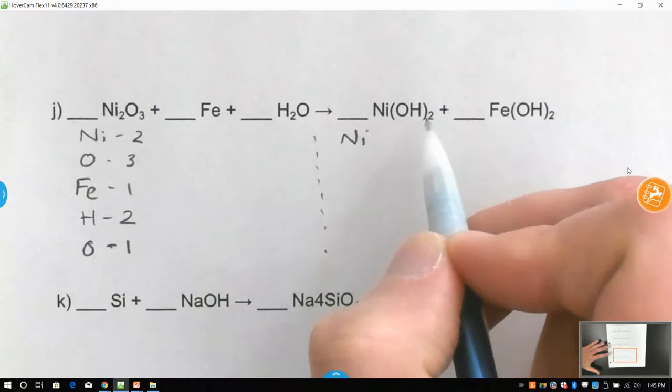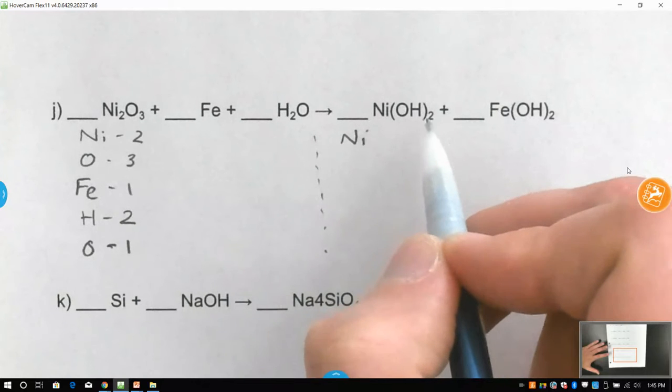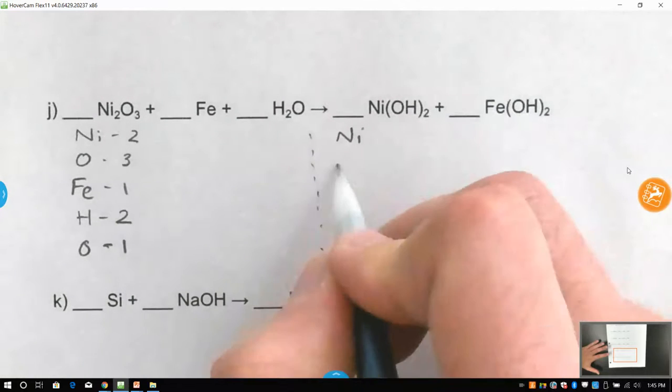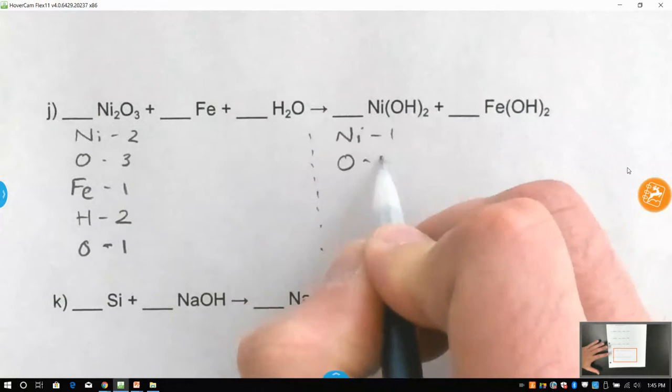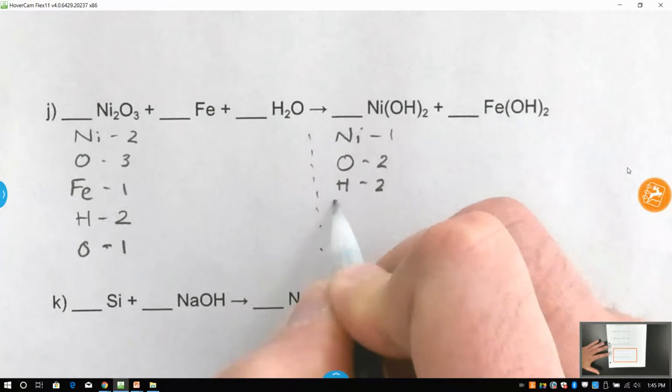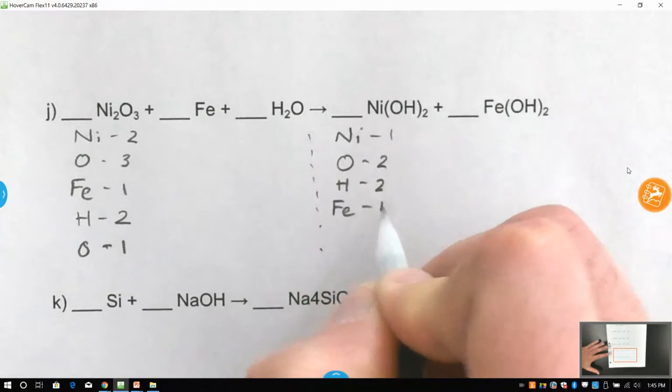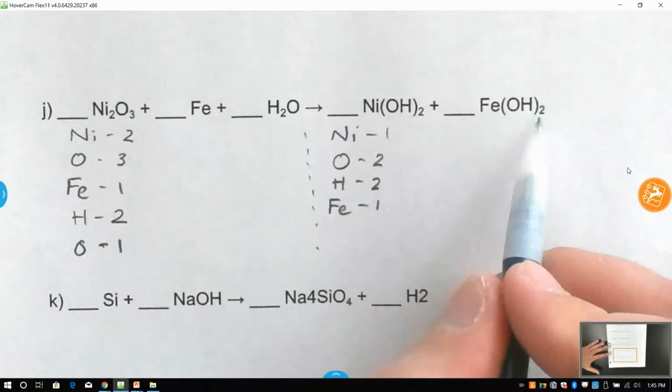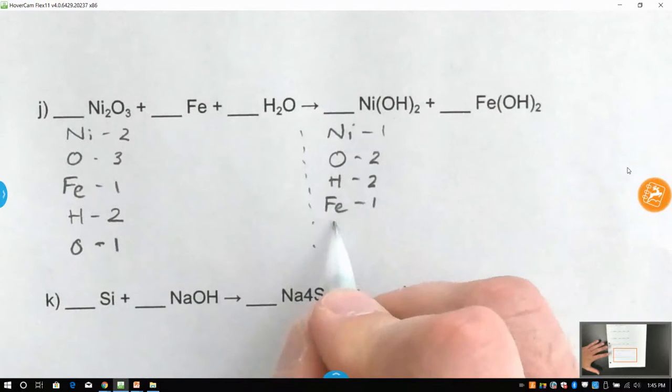So there's 1 oxygen and 1 hydrogen, so this would be like 2 times 1 and 2 times 1. So we would have 2 oxygen, 2 hydrogen, and then on the other side, the other one over here, iron is only 1, and then again 2 oxygen and 2 hydrogen.